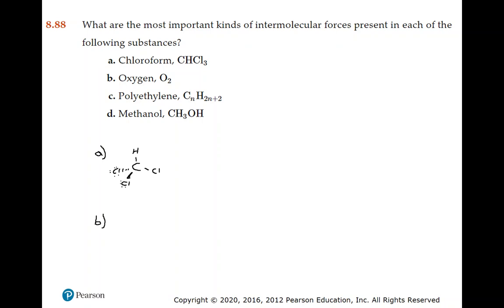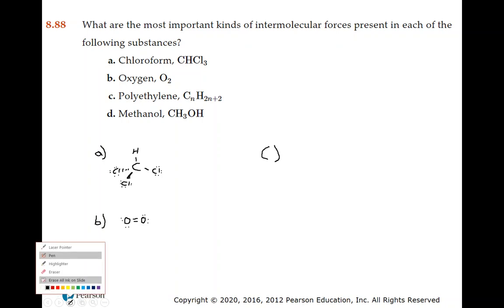I should go ahead and draw in the lone pairs on those chlorines, just for the sake of completeness. For oxygen, we're going to end up with something like this, where we have a double bond between those and then 2 lone pairs per oxygen atom. For C, we have polyethylene.